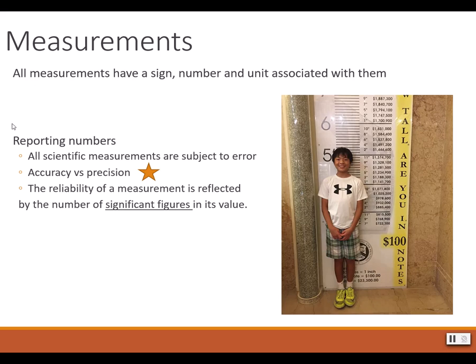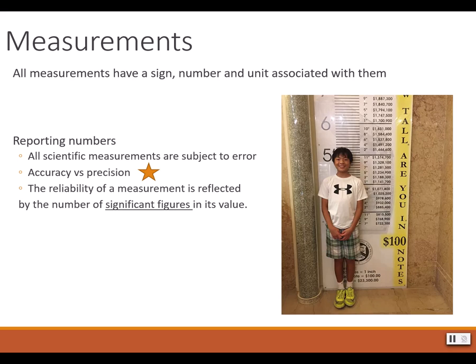The second point from this slide is when we talk about a measurement, all measurements are subject to some sort of error, particularly if it's the first time in lab doing something, right? And so when we talk about a piece of data, we often use these terms accuracy and precision when talking about a measurement.